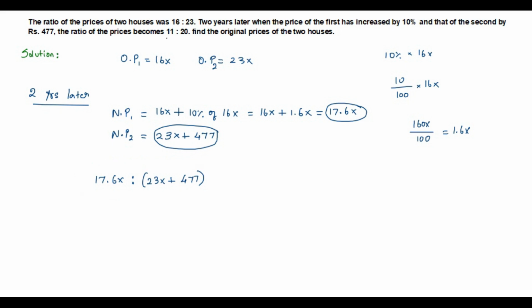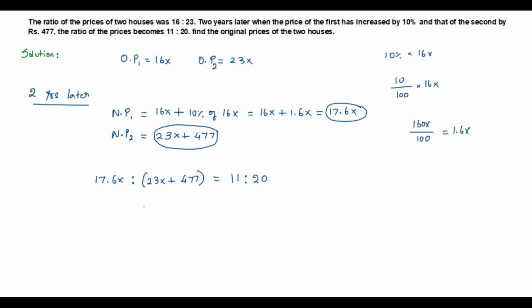But this ratio is already given in the question, that is 11:20. So we can equate this ratio to 11:20 because both the ratios mean the same thing, the ratio of the price of two houses 2 years later. We have to solve for x in this equation.